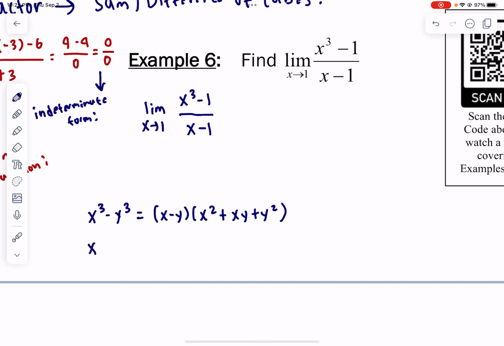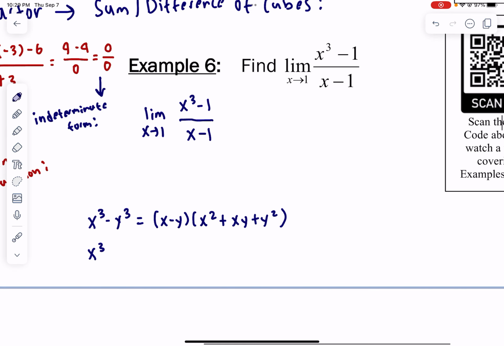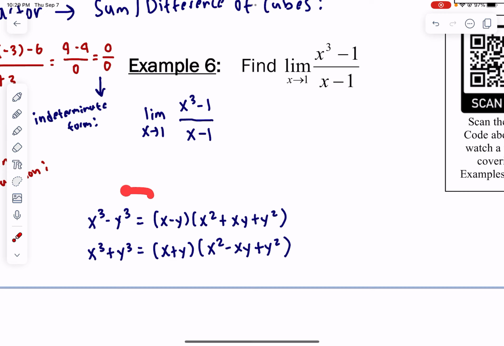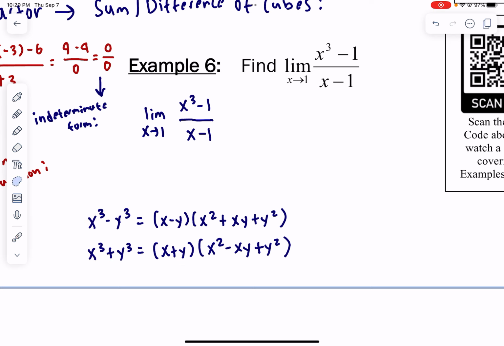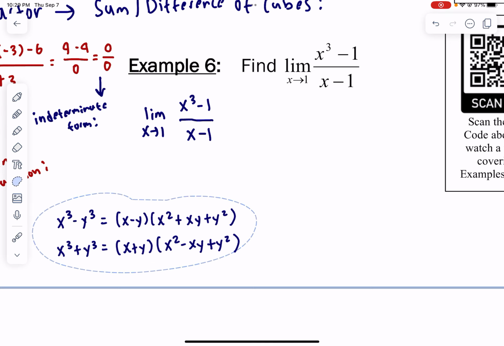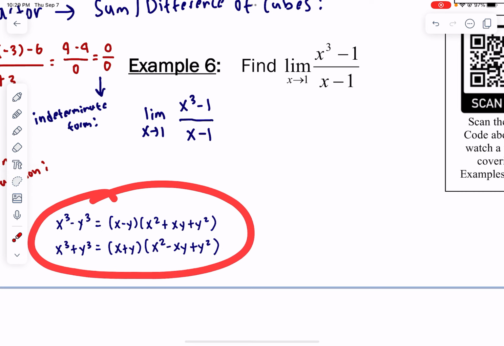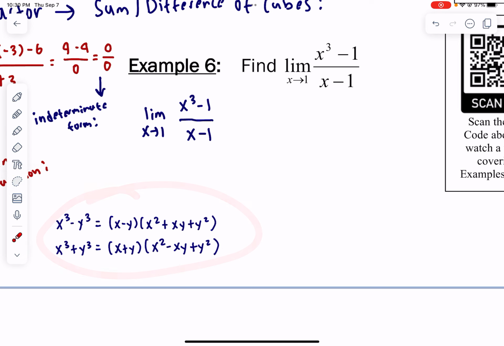And then the way we factor the sum of cubes is this: x plus y times x squared minus xy plus y squared. Okay, so these will allow us to factor our expressions, and this is actually relevant in example number 6. So please make sure that you're able to recall these factoring methods for difference and sum of cubes.